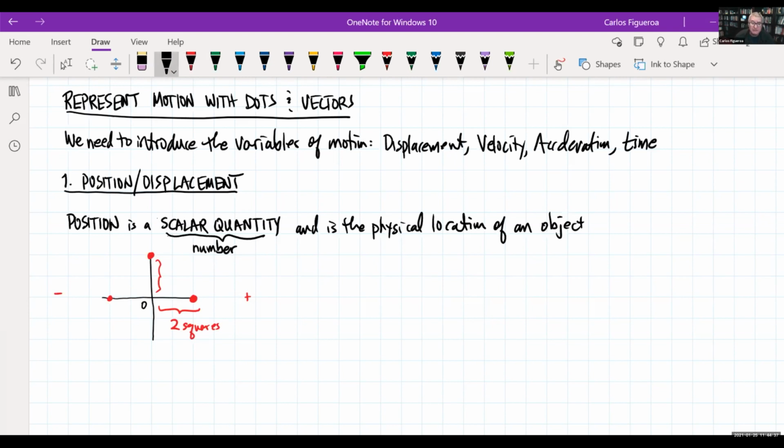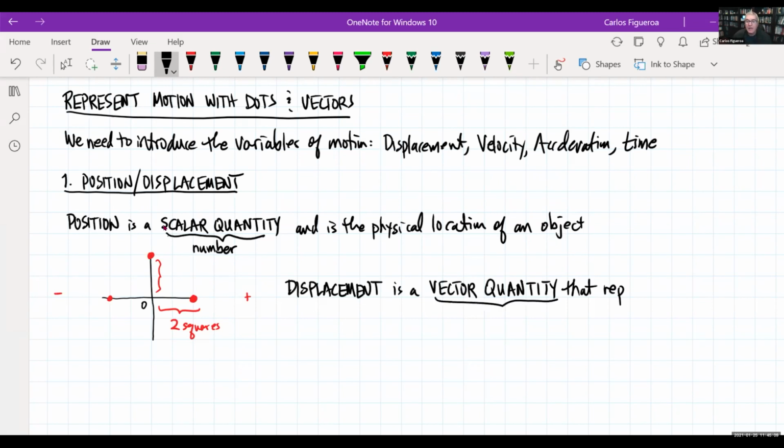But what we're interested in is displacement. Displacement is a vector quantity. So a vector quantity, I should say here, is not only a number, it's a number and a direction.